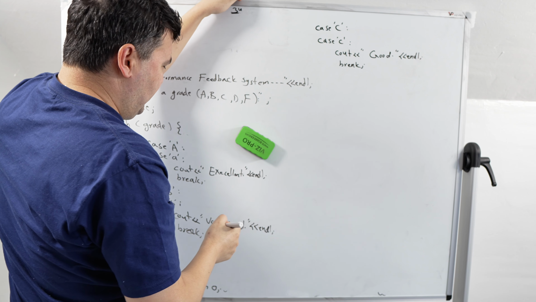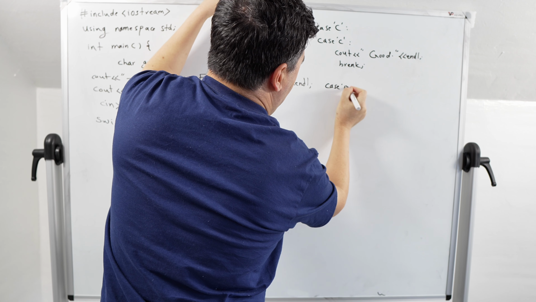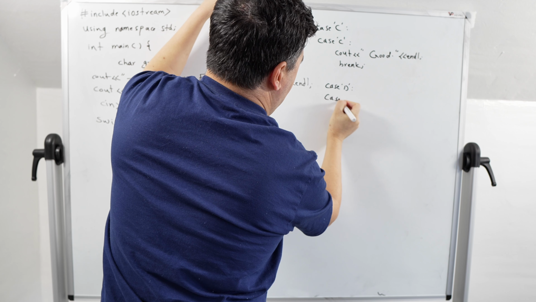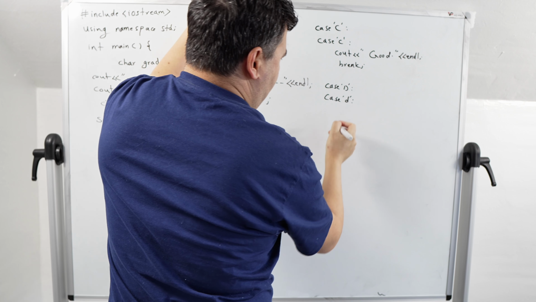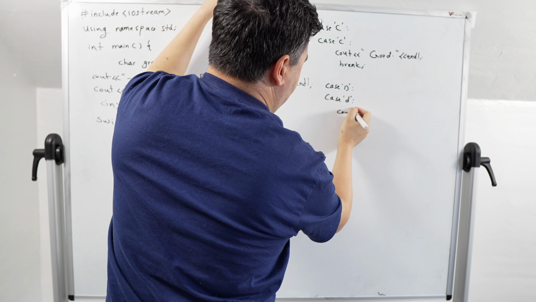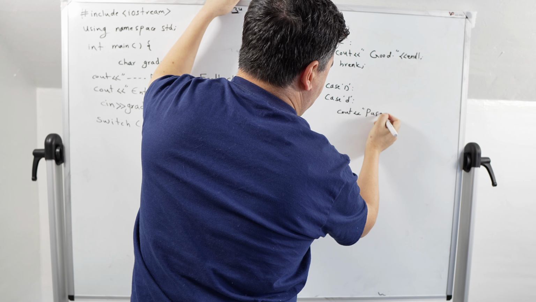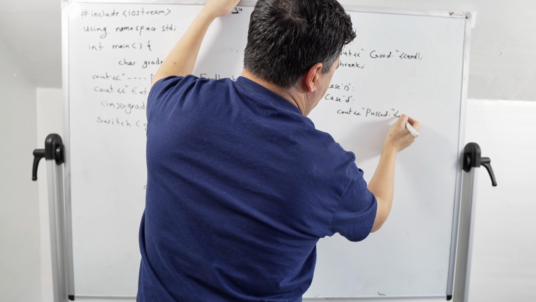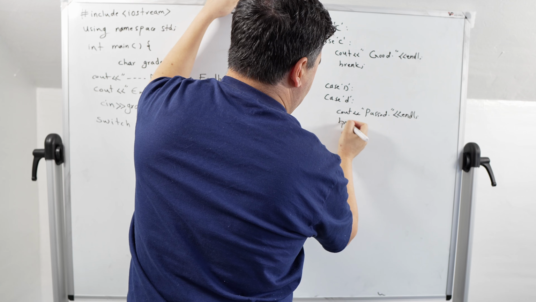And then if the user enters case D, capital D and case small d, so we cout passed, endl and then break.